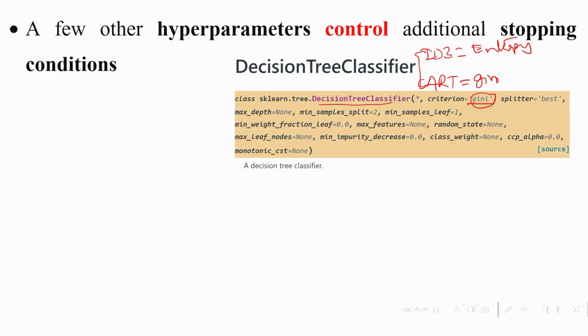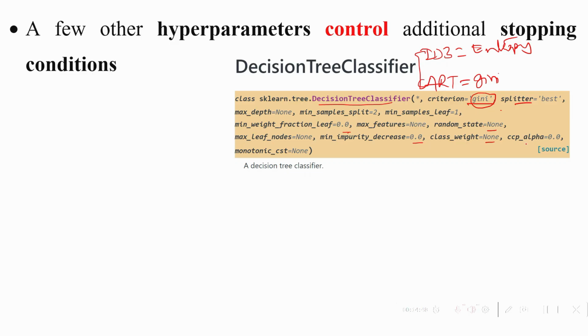Here we also have different parameters like splitter, max_depth equal to None, min_samples_split, min_samples_leaf equal to 1, min_weight_fraction_leaf equal to 0.0, max_features equal to None, random_state equal to None, max_leaf_nodes equal to None, min_impurity_decrease equal to 0.0, class_weight equal to None, ccp_alpha equal to 0.0, and monotonic_cst equal to None.